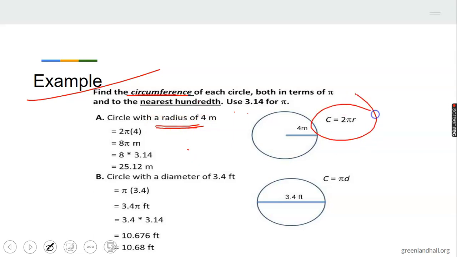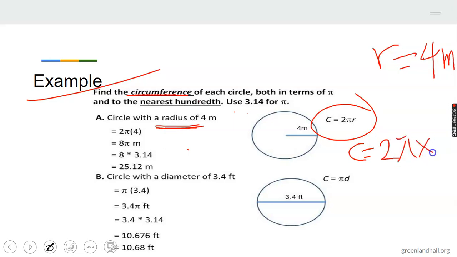Whenever you are given radius, let's say r equals 4 meters, that means you use C equals 2 pi r. You put 2 pi times 4, that is your radius, which equals 8 pi.